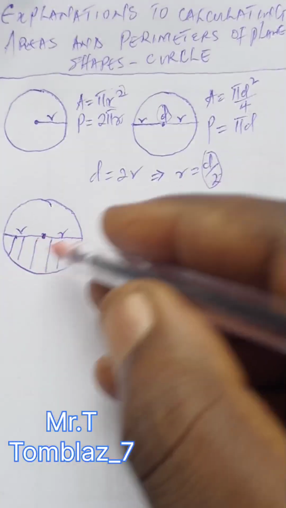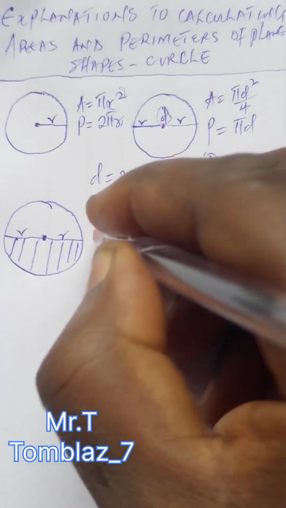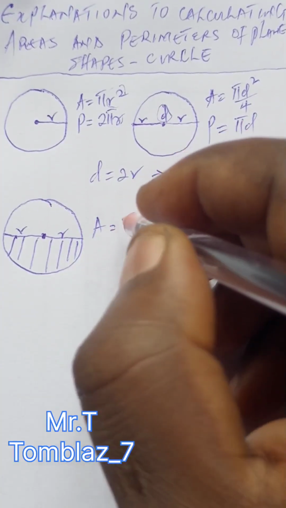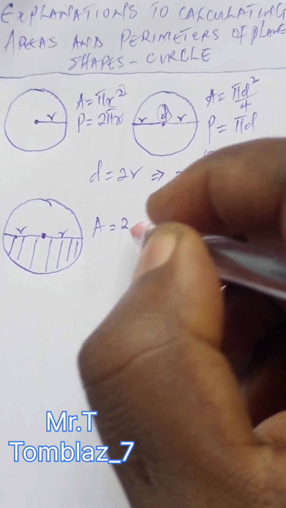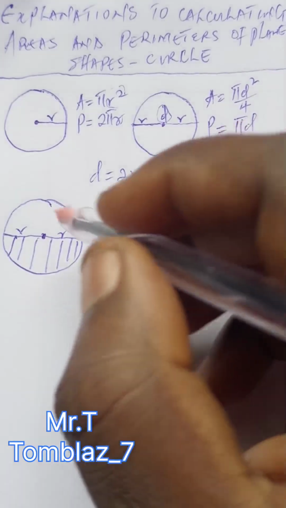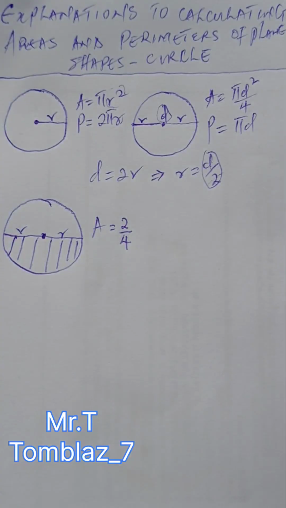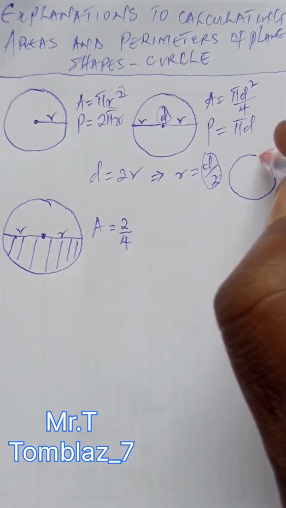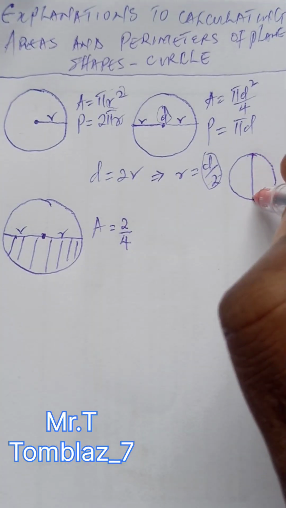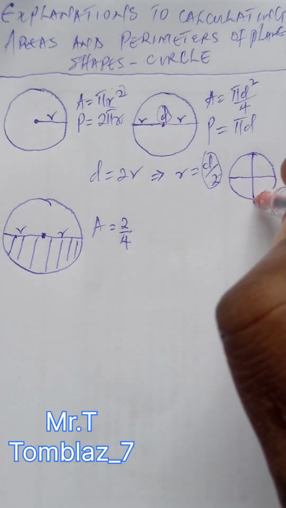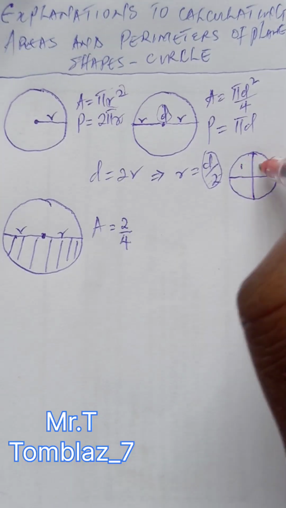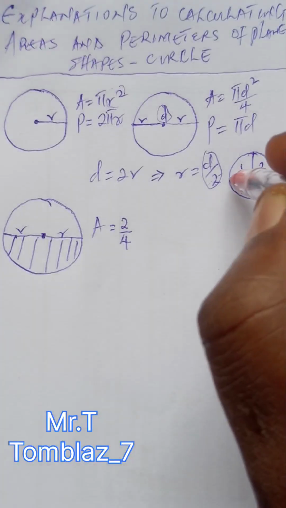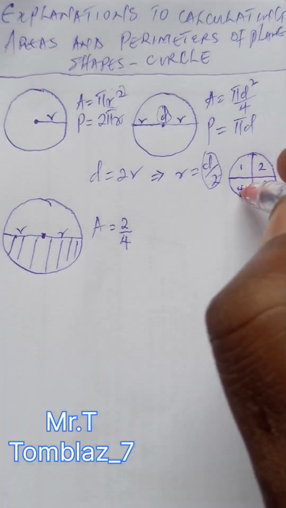So if we are looking for the area of this shaded portion, since this circle is divided into 2, we will have it that it is 2 over 4, because if we recall, a circle can be divided into 4 equal parts, right? Now this is the first quadrant, second quadrant, third quadrant, and fourth quadrant, so everything will be over 4. So if this circle is divided into 2 halves, it will be 2 over 4.